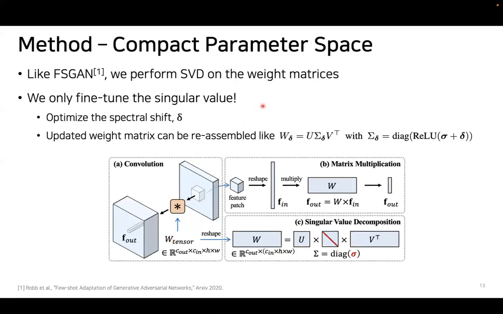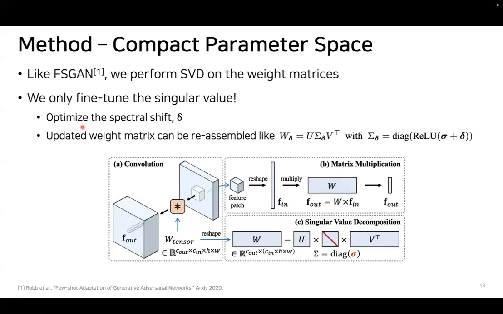Like FSGAN did, we perform SVD on the weight matrices. But actually, the weight matrices are 4D tensors, so we flatten the tensor to a 2D matrix and compute SVD.